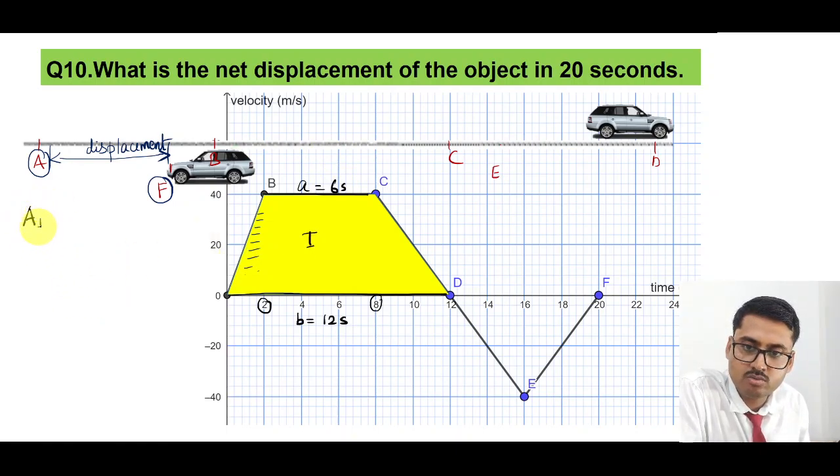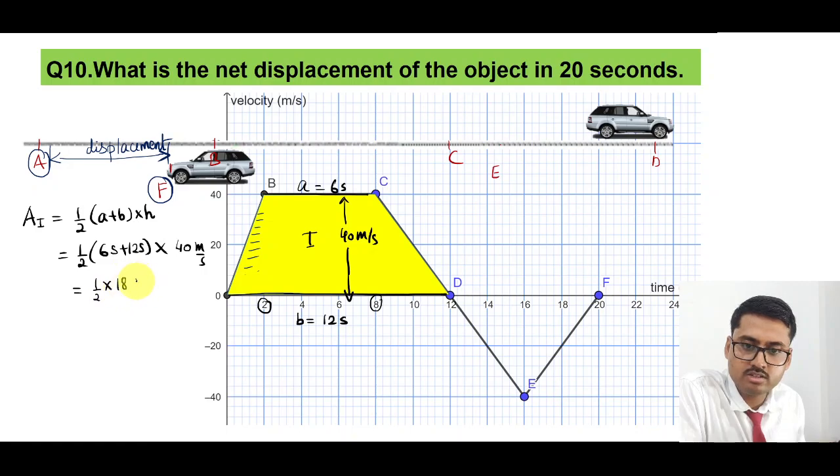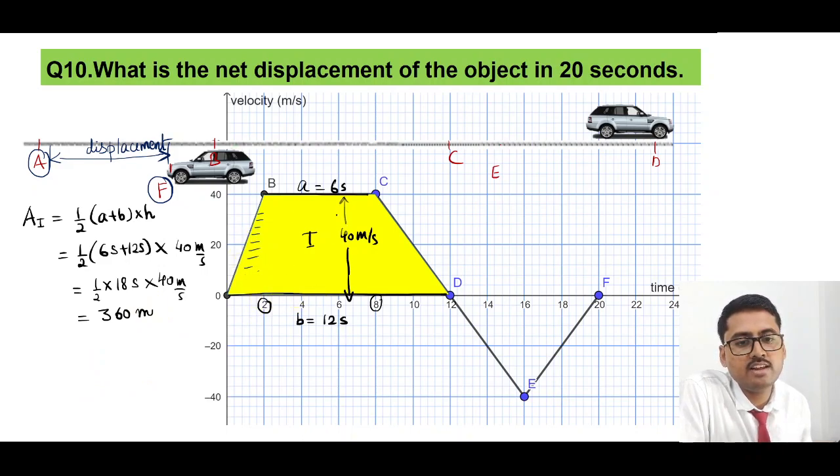So area 1 is equal to half (A plus B) into H, which is half into (6 seconds plus 12 seconds) into height 40 meter per second. That is half into 18 seconds multiplied by 40 meter per second, and on calculation we get 360 meters. So this is the area of portion 1.